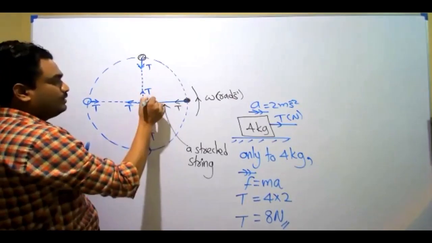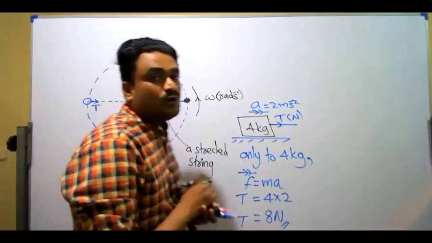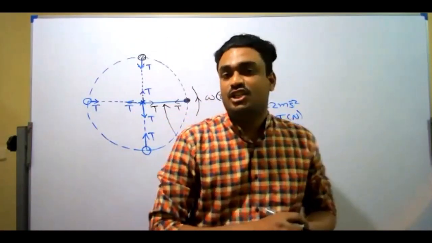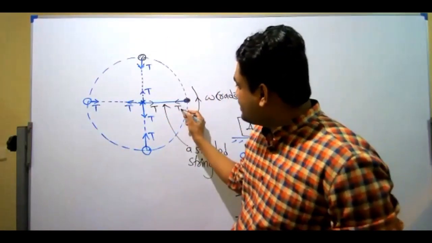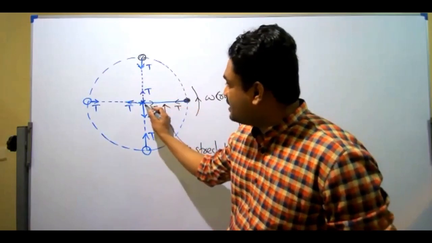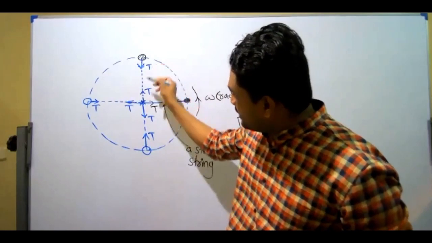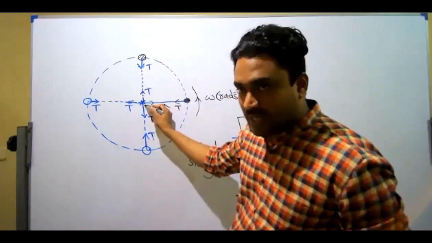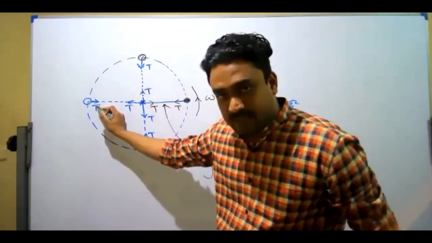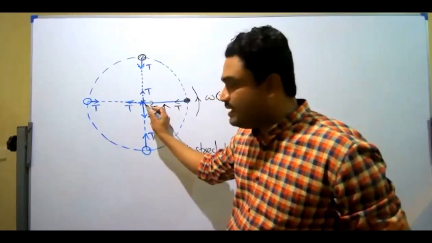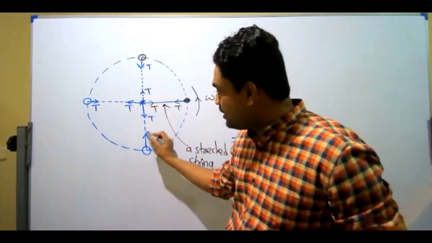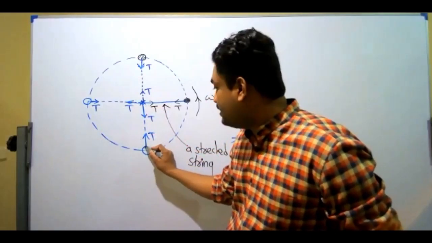Finally, you can make one important observation. The tension force is directed to the center of the circular path here, here also, and even here. I'm talking about the tension force acting on the particle.